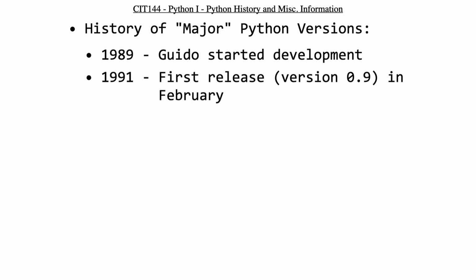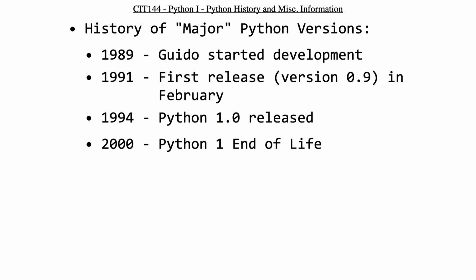About 3 years later, in 1994, Python 1.0 was released. And Python 1.0, 1.1, etc., all the minor versions in the major version of Python 1, were around for 6 years.